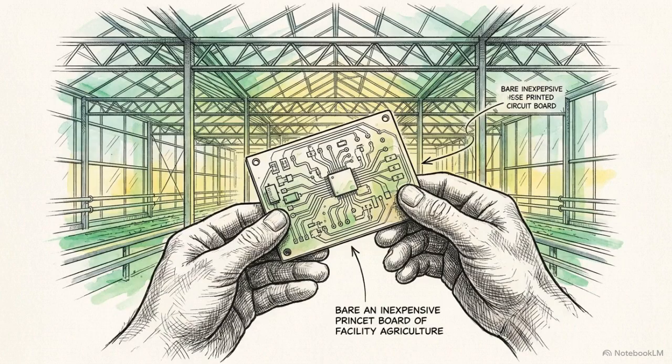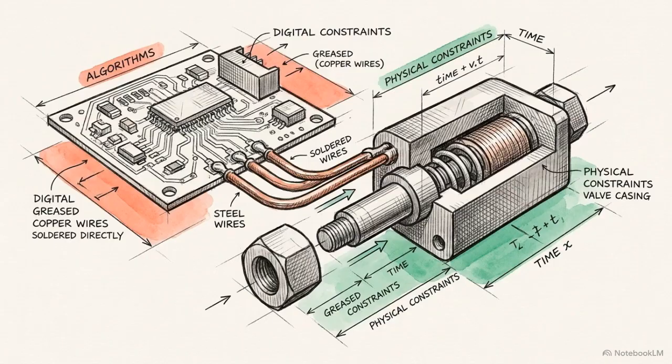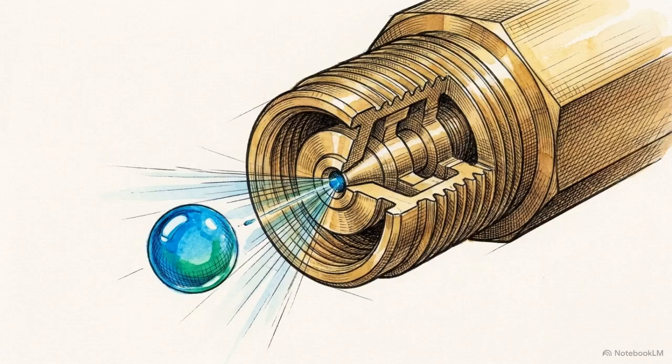Throwing raw, expensive compute power at the problem violates the core business model of facility agriculture. The hardware must remain cheap, which means the software must remain highly disciplined. True physical AI requires algorithms that respect both severe economic constraints and the physics of time. It demands precise calculations for the exact moment bits must become mechanical action.